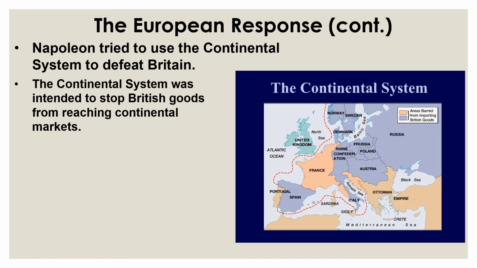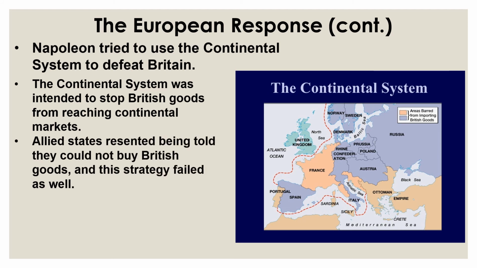By cutting off their buyers for their goods, he hoped it would ultimately strangle Great Britain economically into submitting and surrendering. Allied states, quote unquote, resented, however, being told they could not buy British goods. And this strategy ultimately failed and will cause those Allied states to eventually wrench themselves free from his domination and start to attack him once again.